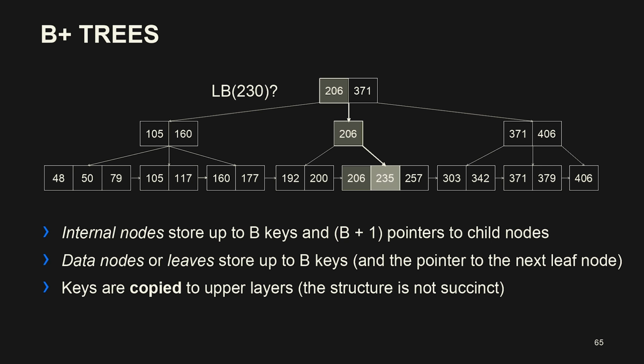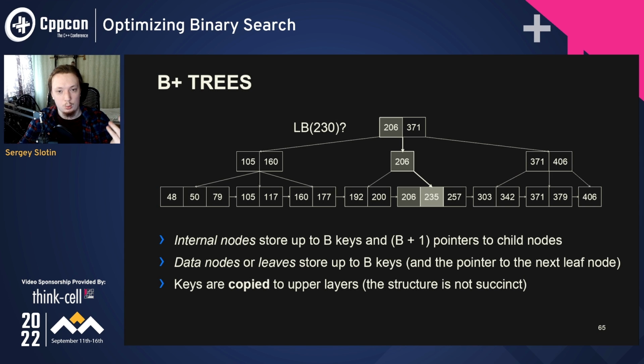Internal nodes store keys and pointers like in B-trees, and data nodes only store keys and optionally the pointer to the next data node. Also, all keys are copied to the higher layers, so there is some data redundancy, and the structure is no longer succinct. So, for example, if the branching factor is 17, we need around 6% more memory to store the internal nodes that contain the copies of the keys of the data nodes.